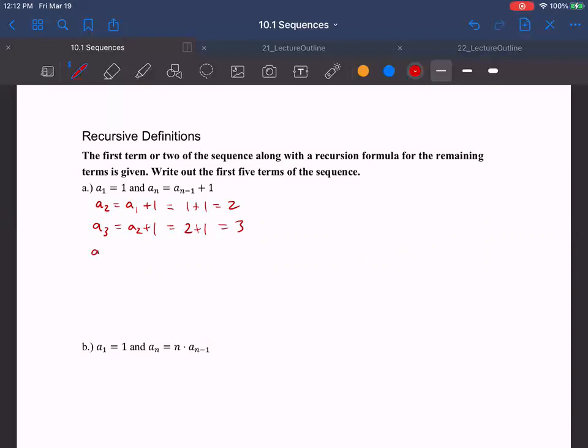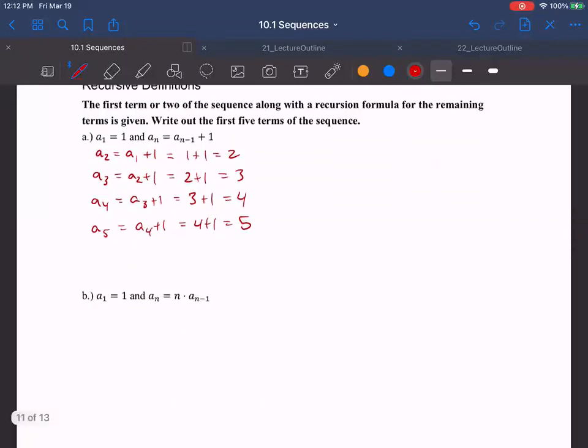A4 is A3 plus 1, which is 3 plus 1, which is 4. And A5 is A4 plus 1, which is 4 plus 1, which is 5. Any questions on that?